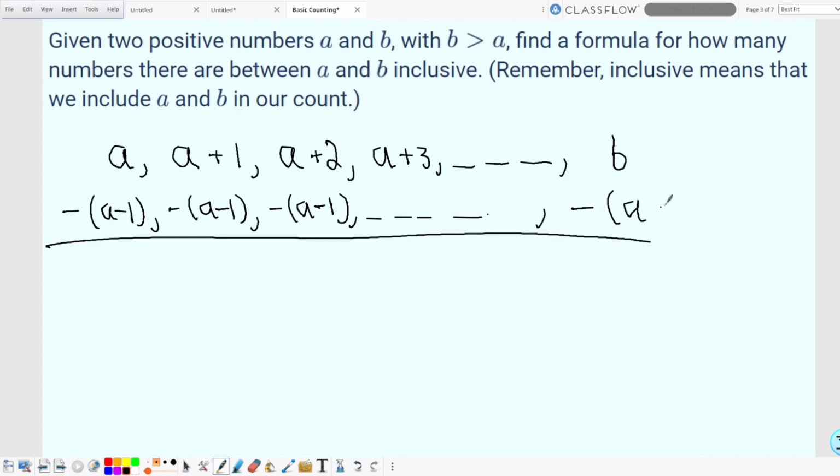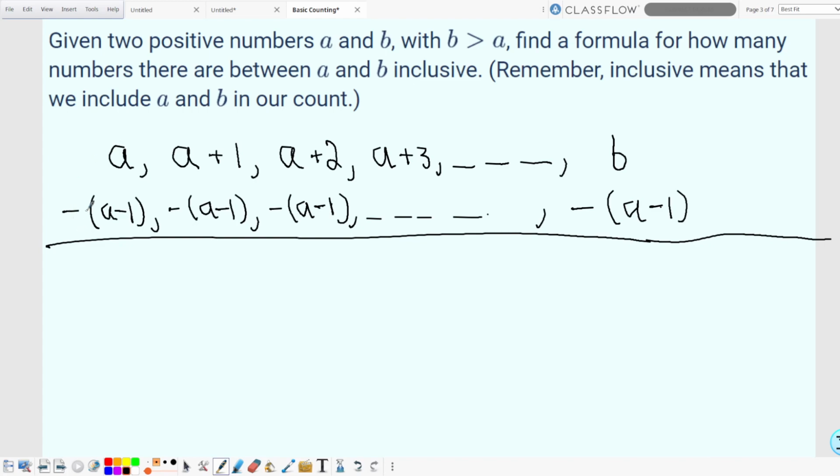Subtract A minus 1 from that. And you'll hopefully see what's going on when we actually throw this out. So I'm going to erase what I'm going to do, but I just want you to see how the algebra works.